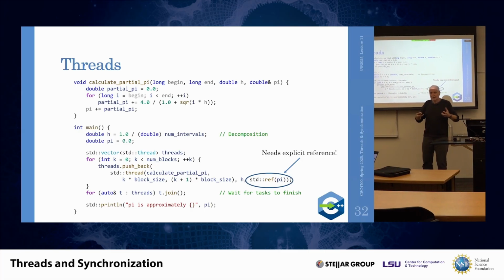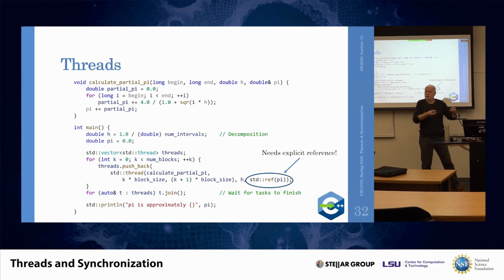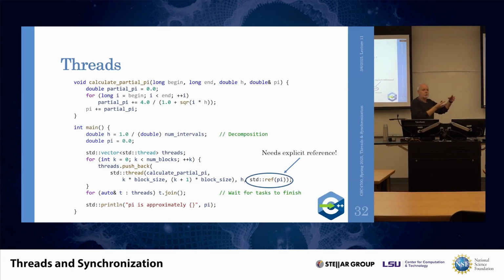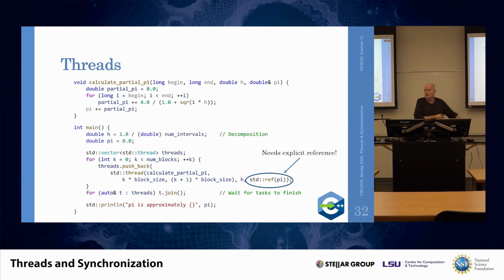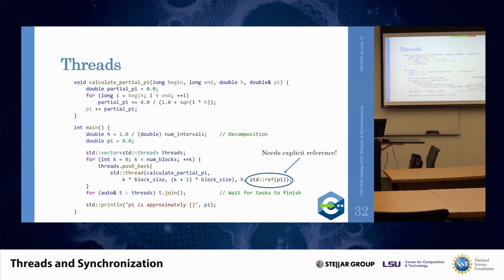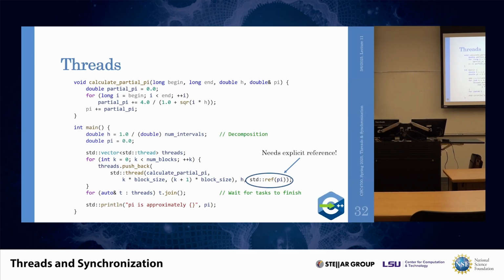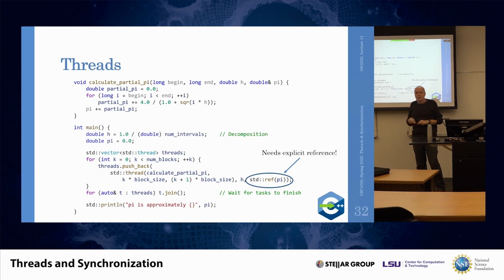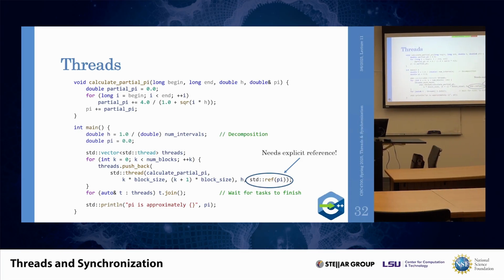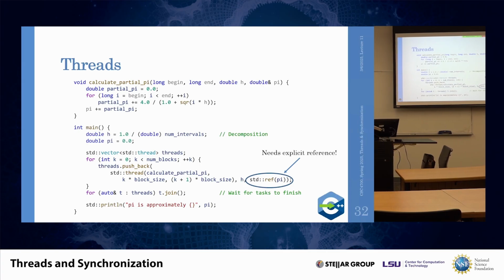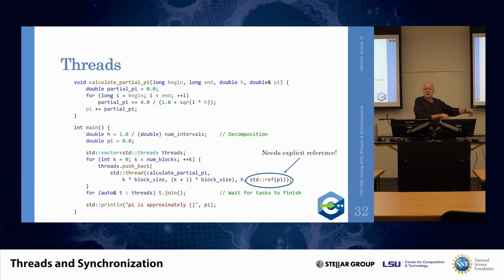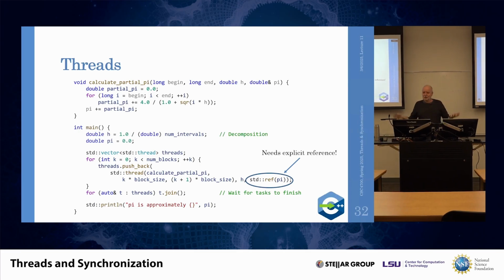Right? When you create the thread, it has to copy all the arguments in order to, at some point later, be able to pass these arguments to the thread function. So std::thread will copy all the arguments into some magic place and will use those values when calculate_partial_pi is being invoked. So everything would compile, but this pi would refer to that local copy of pi, which is inside that thread object, and we wouldn't see the overall sum.